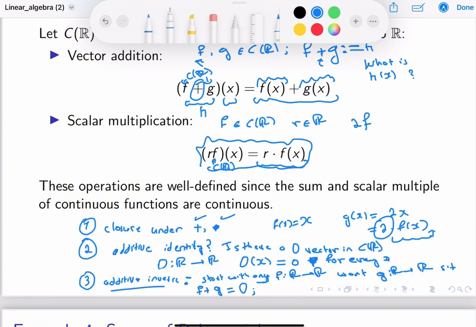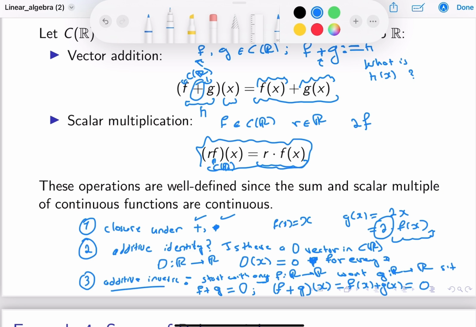So what is the 0 function? The 0 function is a function which, when evaluated at x, gives 0 for every x. So what do you think g might be, so that if we add these two, which we define to be f of x plus g of x, this is going to be 0 for every x?